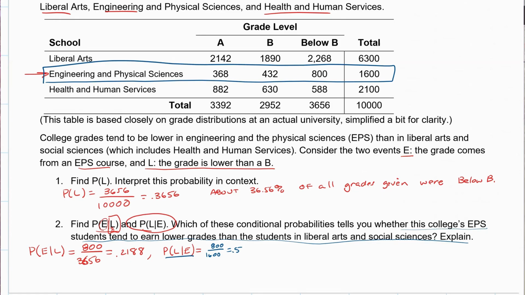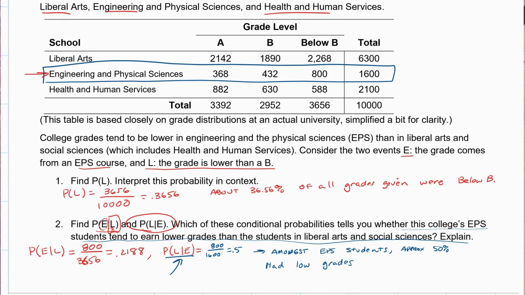And the answer is the second one, because this is the one that says amongst EPS students, approximately 50% had low scores or low grades.